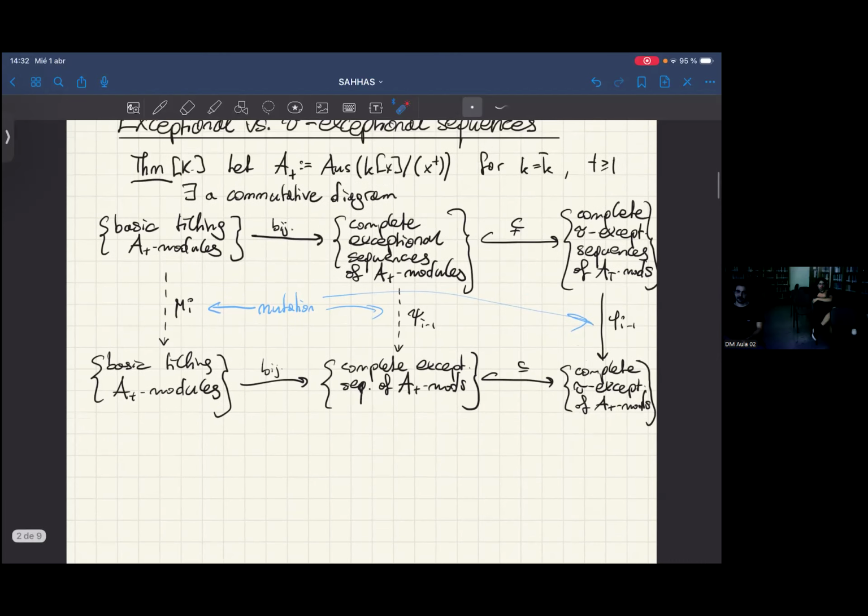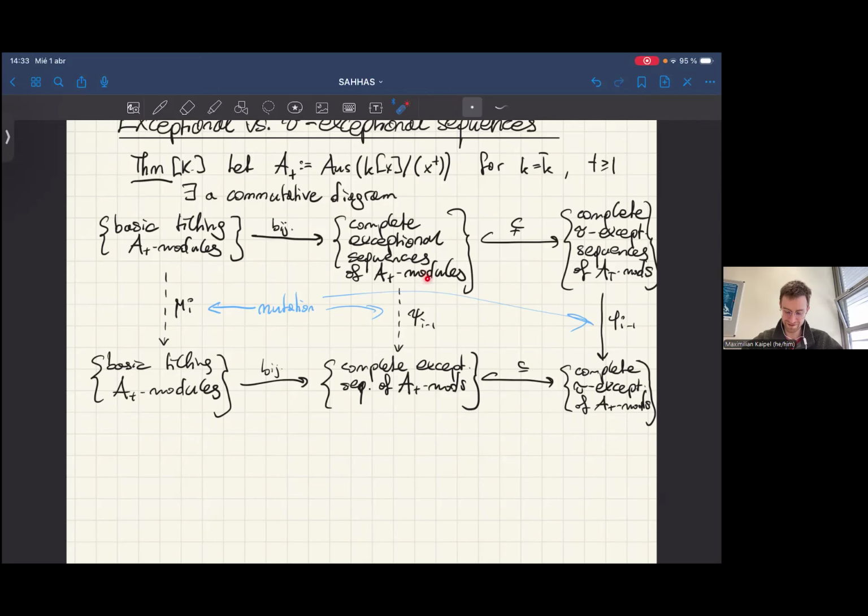Sorry, one last question. Go ahead. You just said that if you take the phi and you restrict it to complete exceptional sequences, now that it always produces again a complete exceptional sequence, then the phi will exist.